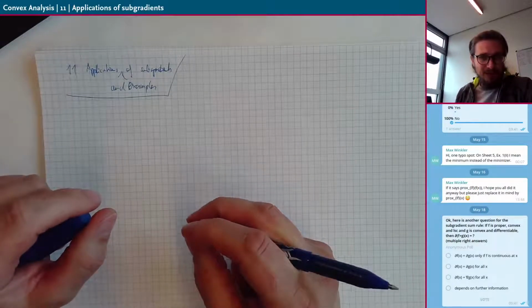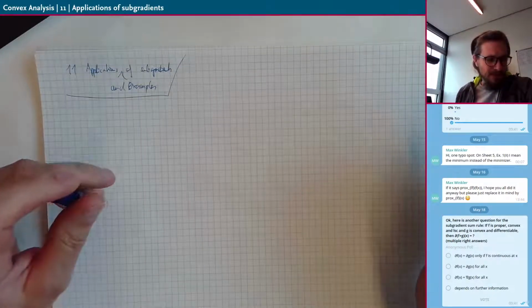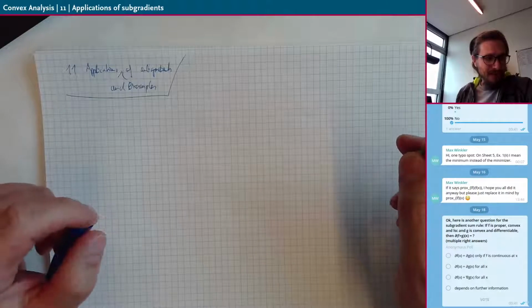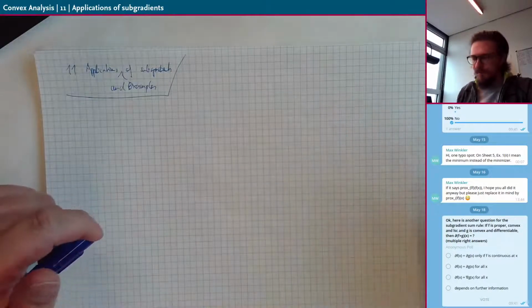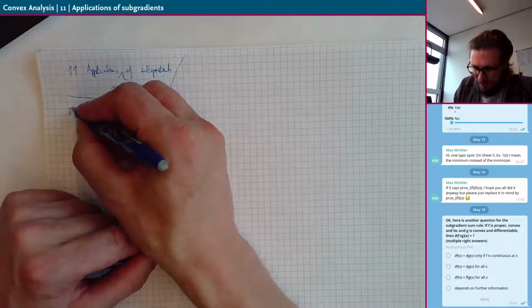Once you've seen the subgradient sum rule and the conditions which ensure that it holds, of course it would be interesting to know if there are counterexamples, so examples where the subgradient sum rule does not hold. It's not a real counterexample, because this can only happen if the conditions are not fulfilled.